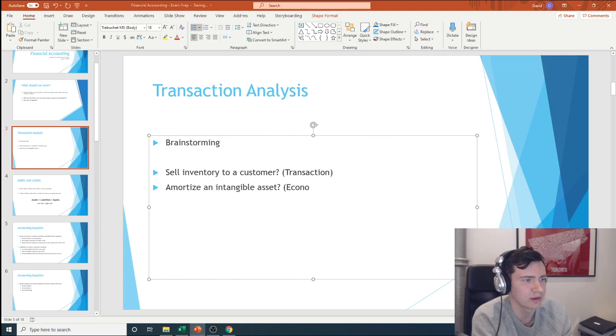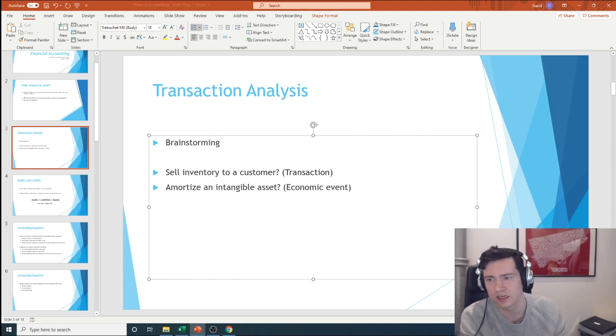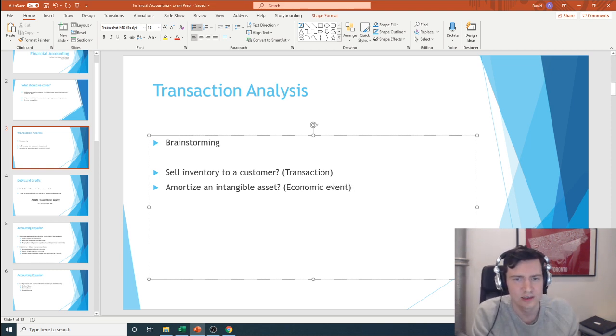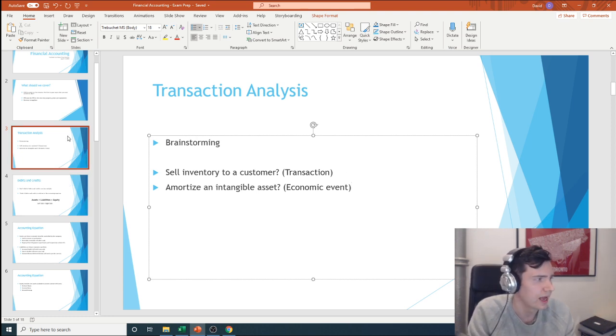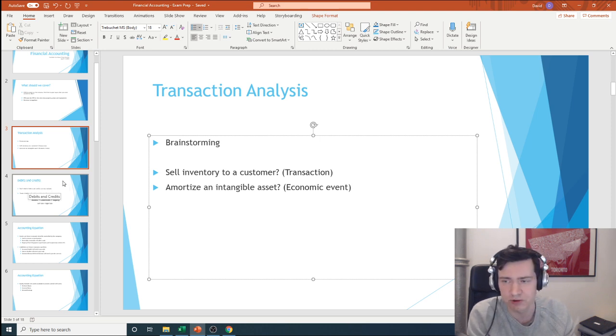That's an economic event because we're not buying or selling anything between another party. This is a change in the value of an asset account. So this is all part of the transaction analysis stage. You just want to get your bearings. Afterwards, you're going to be moving to debits and credits.